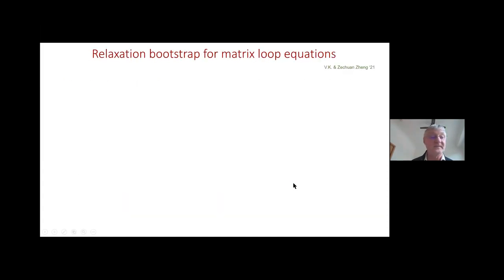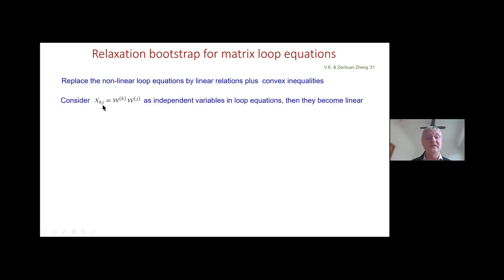So we then proposed with ZH1 a crucial improvement, which is the relaxation for Bootstrap. Namely, we consider now the product of these two moment variables in the equations as a new variable x_kj, and consider them as independent variables so that the equations become linear.